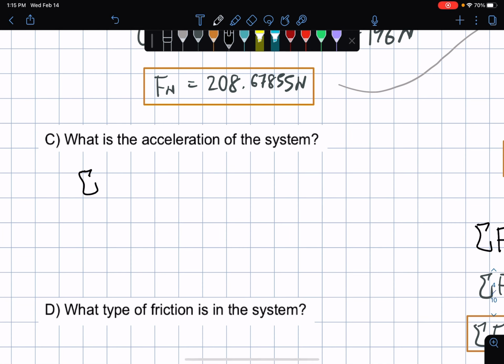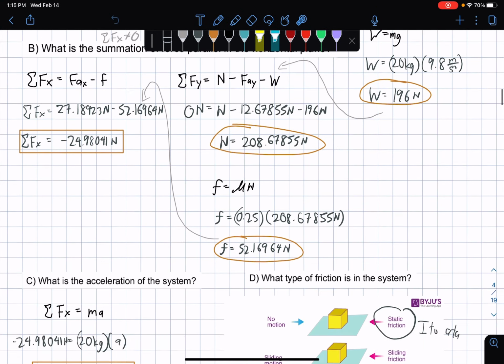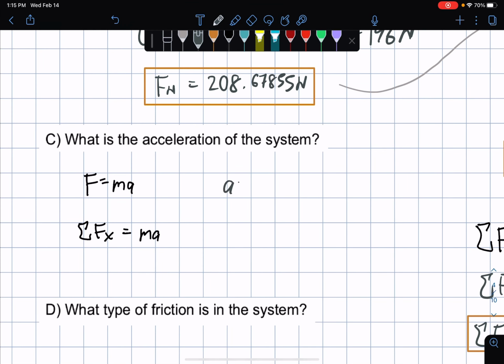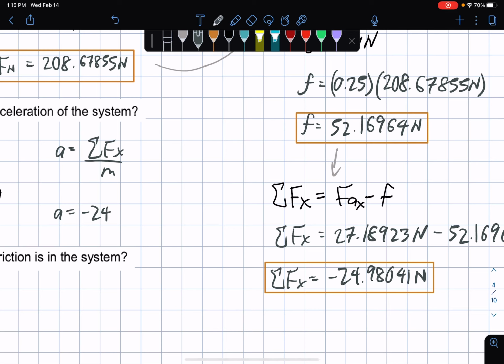So now let's find acceleration. So F is equal to ma, such that force can be written as summation Fx, I suppose. Yeah. Am I right? Yeah, that's correct. Okay, a is equal to summation Fx over m. So negative 24.98041 newtons over mass.